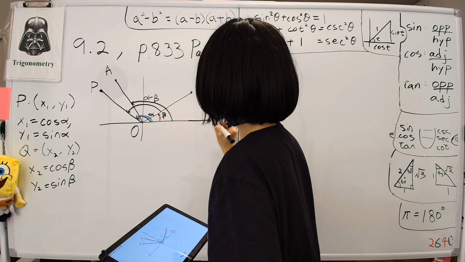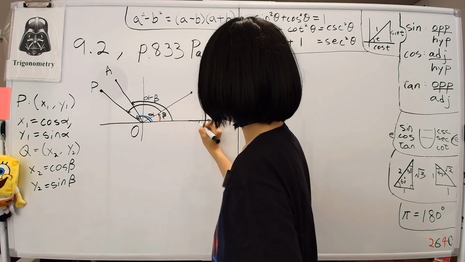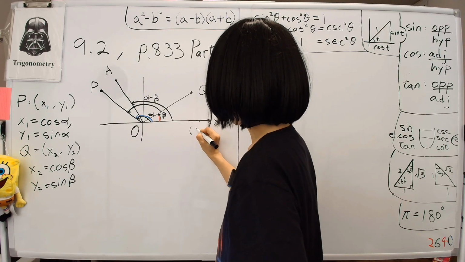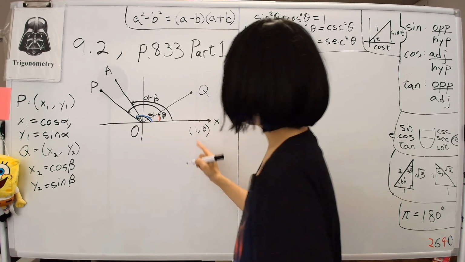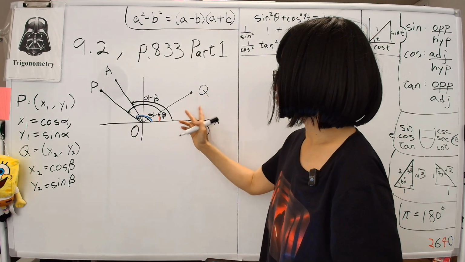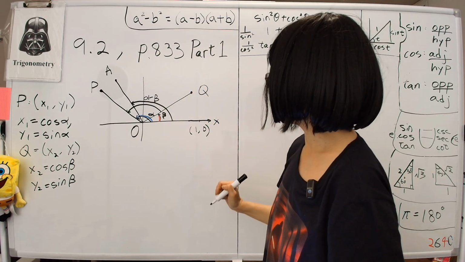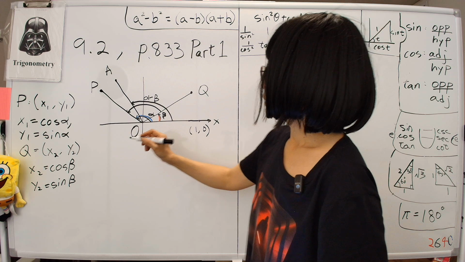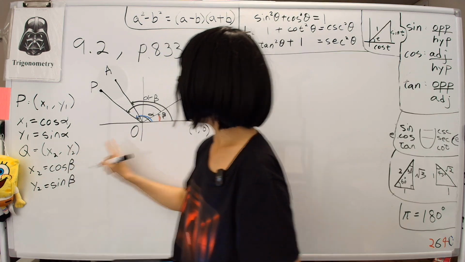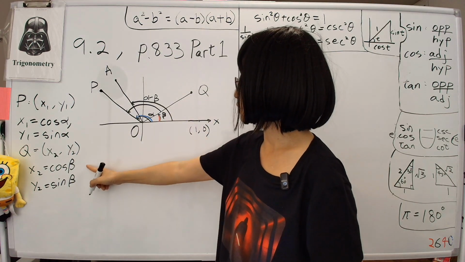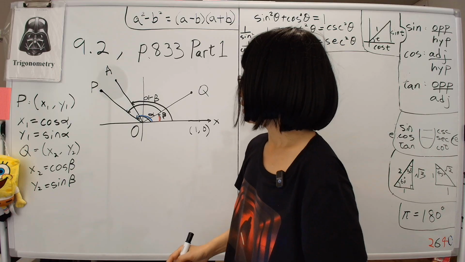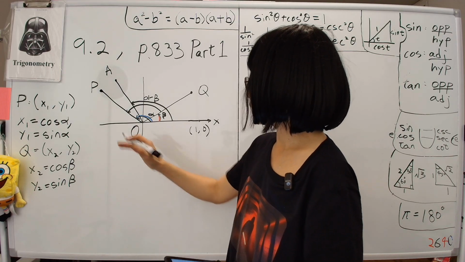This is the x-axis, and this point is the location 1, 0, because that is where Q turned all the way down and lands. So anyway, Q is x2, y2, where x2 is cosine beta and y2 is sine beta. And okay, that's P and Q.